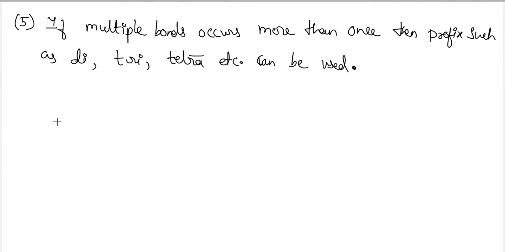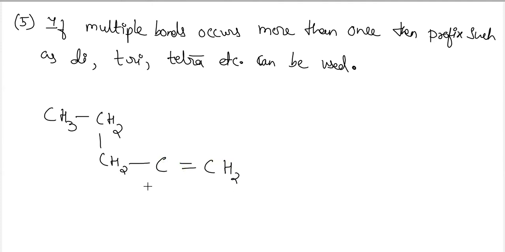Okay, so let's start naming some of the compounds. It will clear more of your doubts and also explain these rules very easily. Here I am taking an example: CH3, CH2, CH2, C double bond CH2, CH2, CH3.